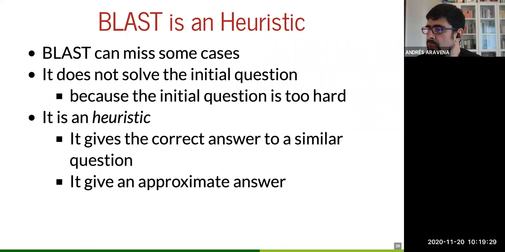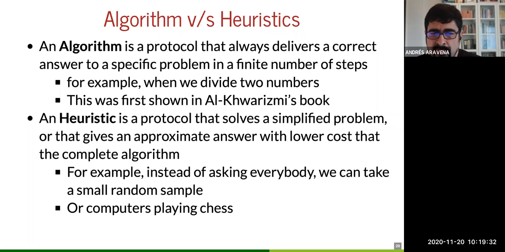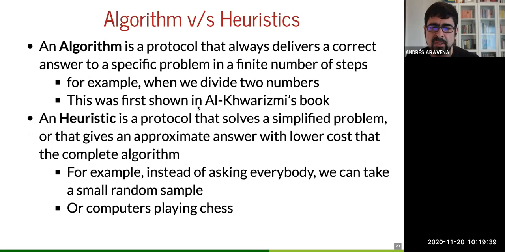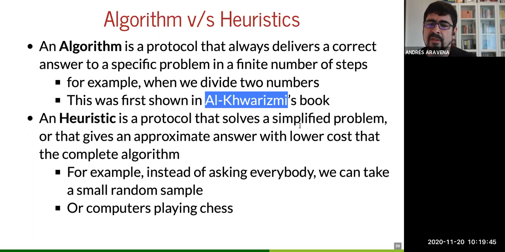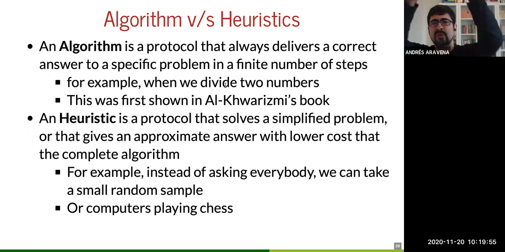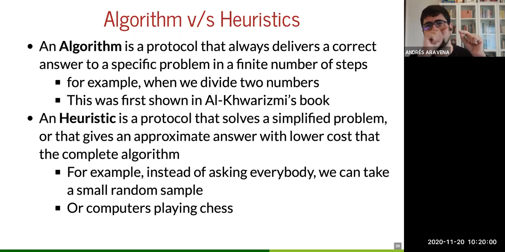So to finish, I have 2 more slides and we go for the break. An algorithm is a protocol that will always give you a result. The word algorithm comes from Al-Khwarizmi, who was essentially the guy who wrote the book and taught everybody how to divide numbers, how to do the computation. Every step when you take two big numbers and you have to divide, like 12345 divided by 345678, the way that you do it step by step, that is a kind of algorithm.